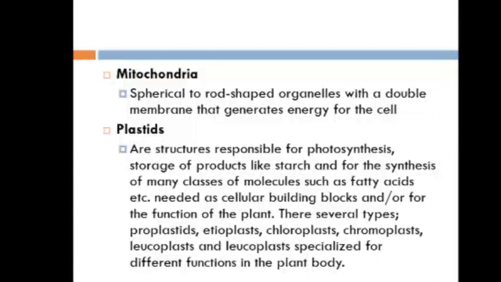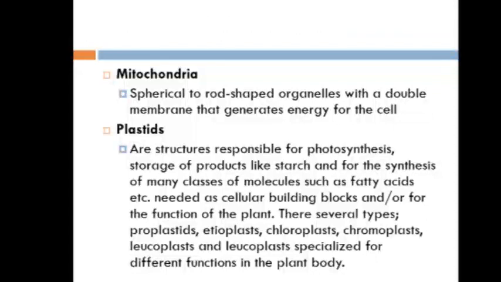After photosynthesis, tunajua after photosynthesis pale kuna product ambazo zitakuwa produced. Kwa anafanya storage of product like starch. Ana store the product ambayo itakuwa imezalishwa, like starch. And for the synthesis of many classes of molecules such as fatty acids. Even anafanya pia synthesis ya fatty acid.